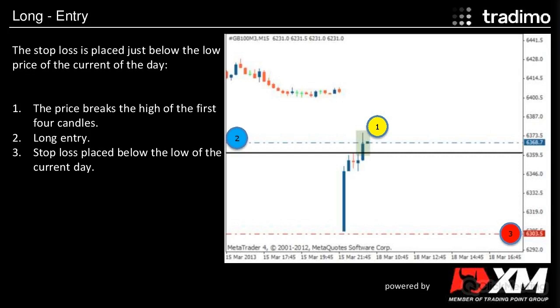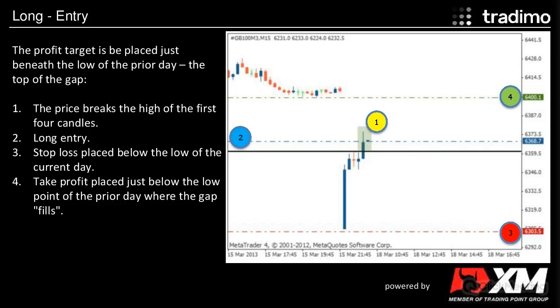So now we are coming to the last page for the long entry. The profit target is placed just beneath the low of the prior day, the top of the gap. The price breaks the high of the first four candles, you can see it under number one. Then second, marked blue, the long entry where we have our open position.